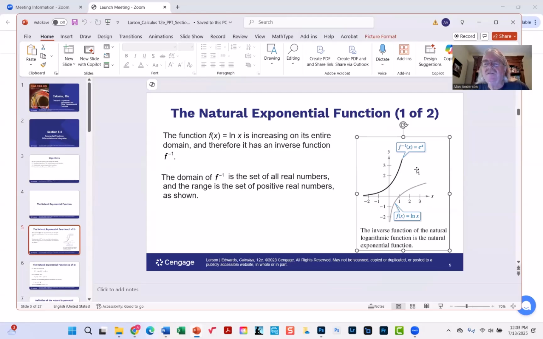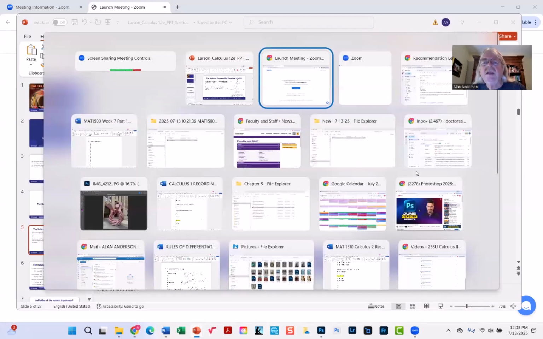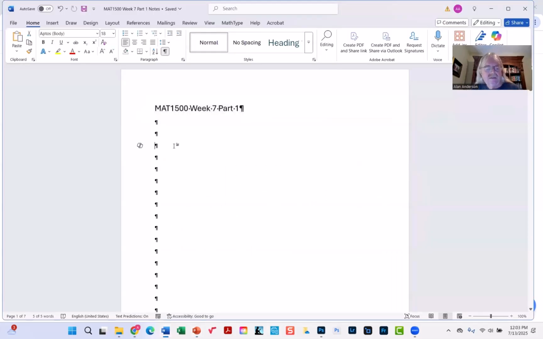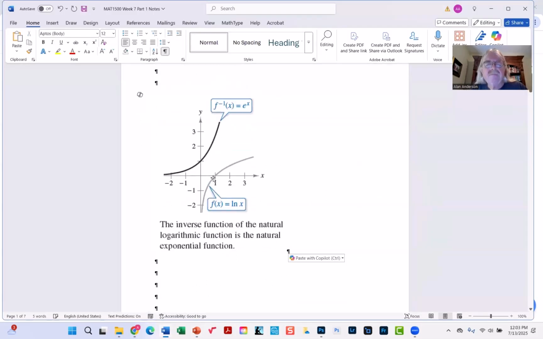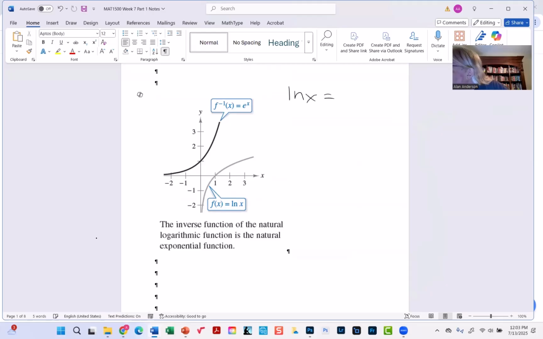So you can see on this graph that the two functions log of x and e to the x are inverses of each other. Okay, so first things first, if you remember, based on this notation, ln x means the natural log of x.